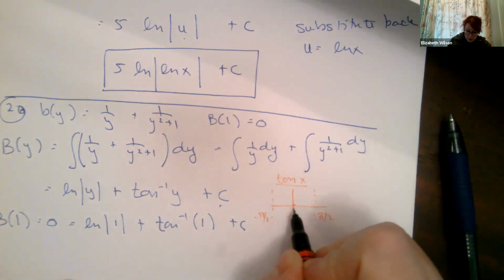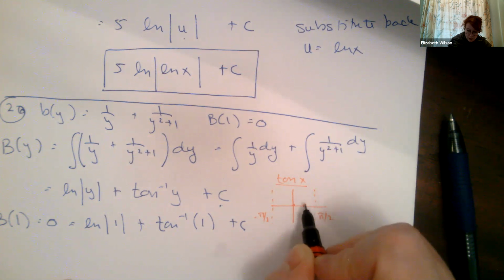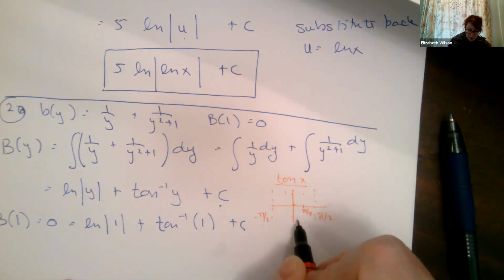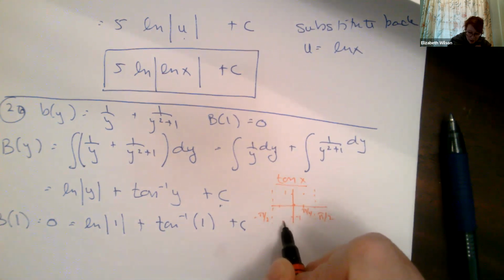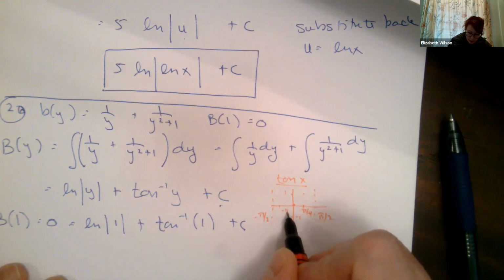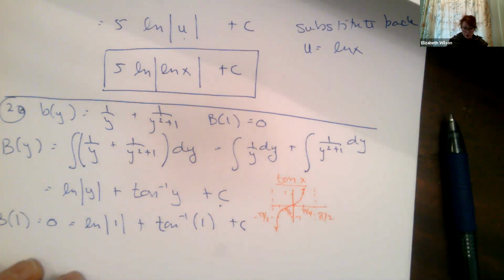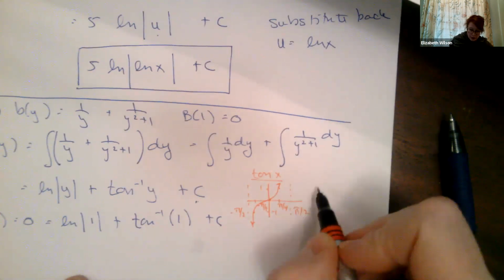Remember, when tangent is equal to 1, that's when the sine and the cosine are equal to each other, and that happens at pi over 4. Minus 1 is at minus pi over 4. So our tangent function does this. I'm drawing this because it helps me visualize what my inverse tangent function looks like.